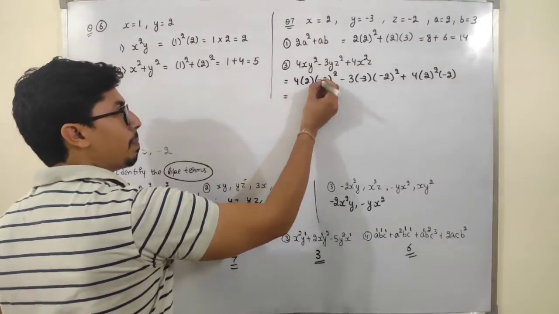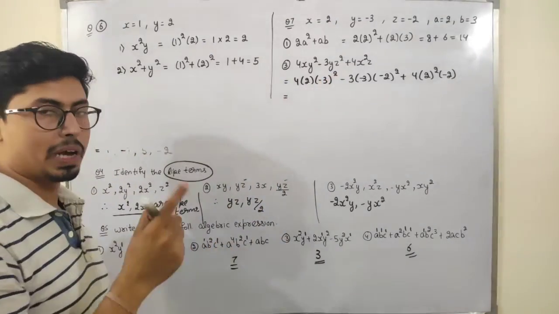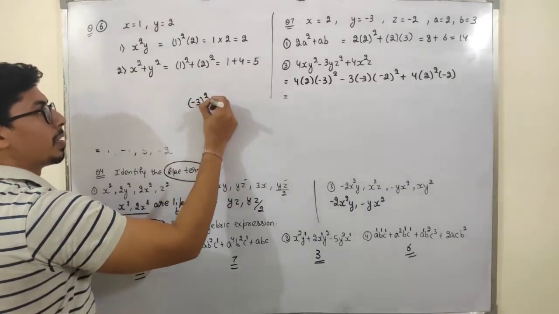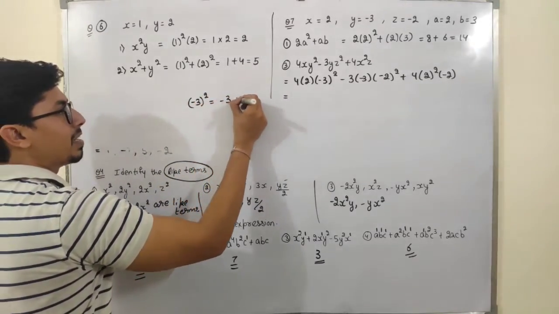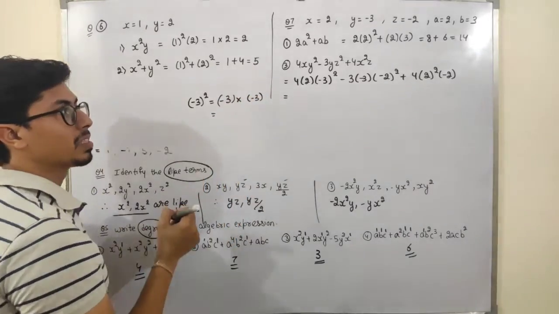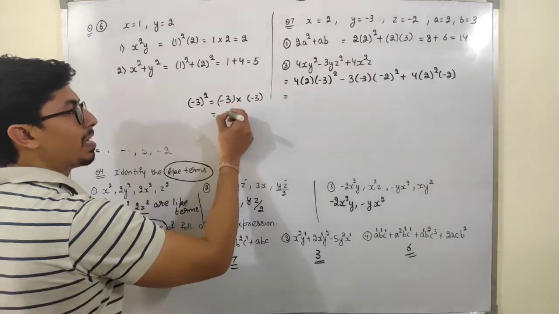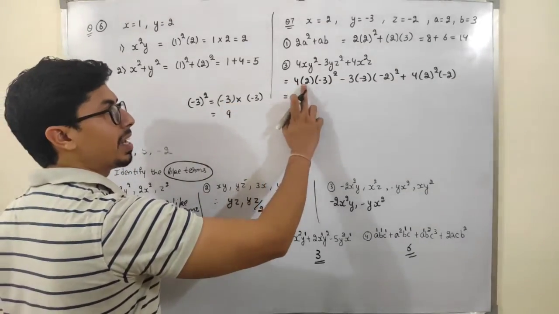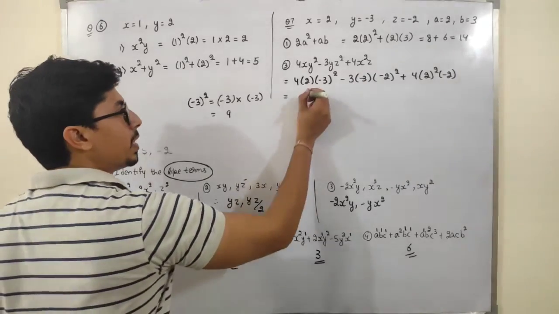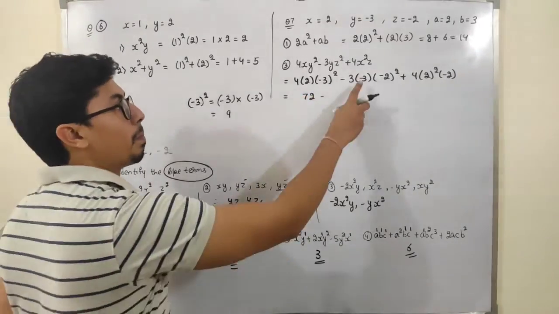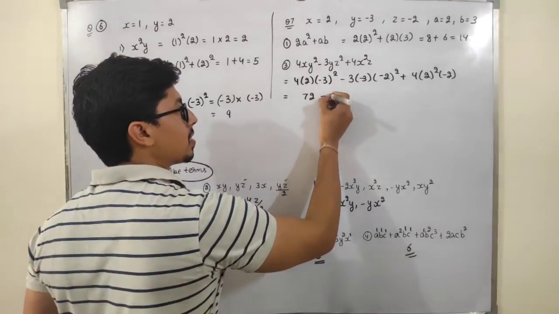See. Minus 3 square means minus 3 multiplied by minus 3. Okay, minus into minus is plus, so it is 9. So this is 9 and this is 8, so 8 nines are 72. Okay. Now see, minus and minus is plus.